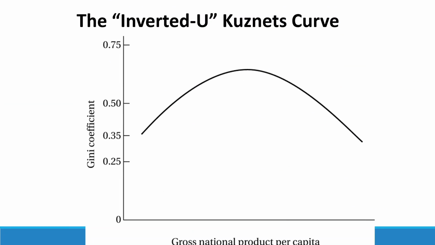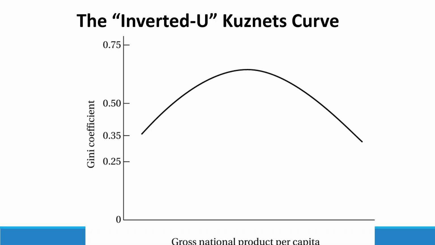So this is the famous inverted U Kuznets curve, in which inequality is generally measured in terms of the Gini coefficient. We'll be talking about in the coming lectures how to calculate this Gini coefficient, and how the higher the value is, the higher the inequality.